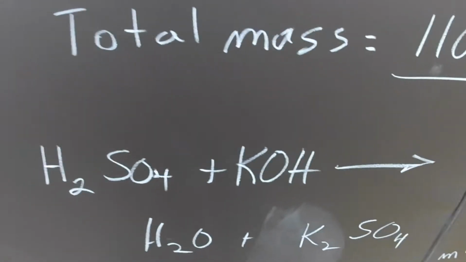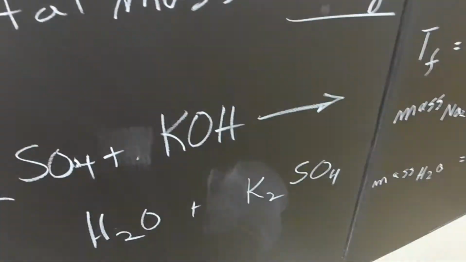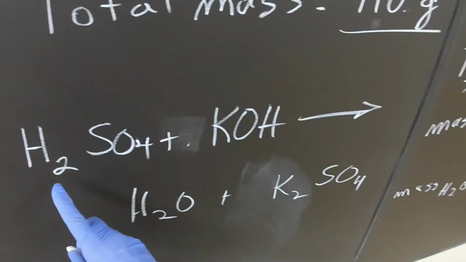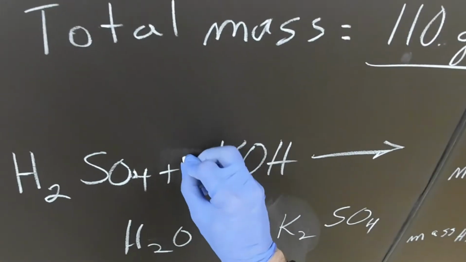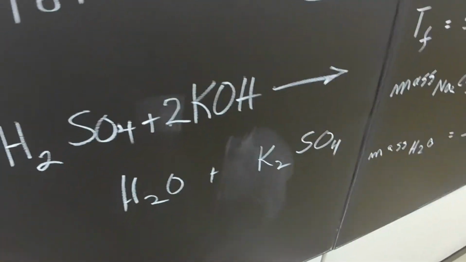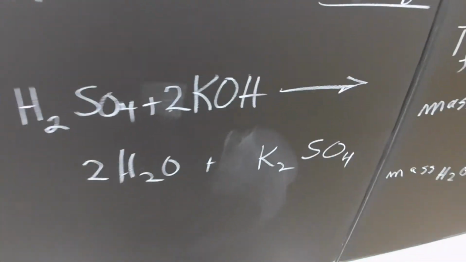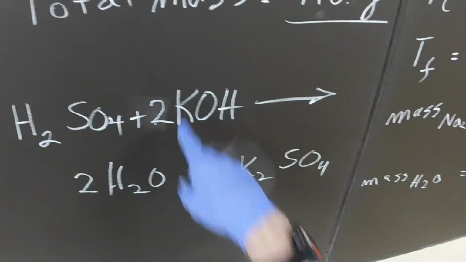All right. So to balance that, we need, let's see, 2 of these. I need 2 of these. There we go. And that will give us 2 of those. 4 hydrogens, 4 hydrogens, sulfate, sulfate, 2 potassiums.